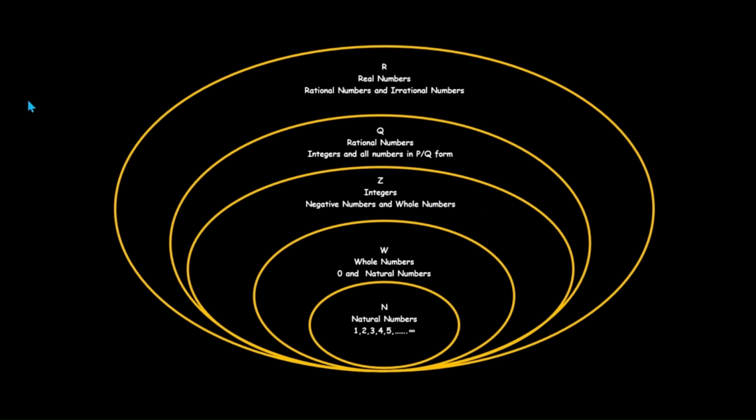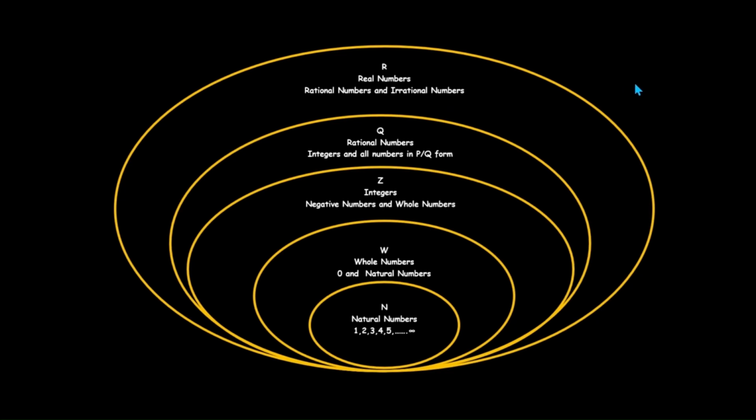Lastly, this view is in the form of a subset and superset kind of relationship. If you go from inside out, natural numbers are a subset of whole numbers, which in turn is a subset of integers, and integers are a subset of rational numbers, which in turn become a subset of real numbers.